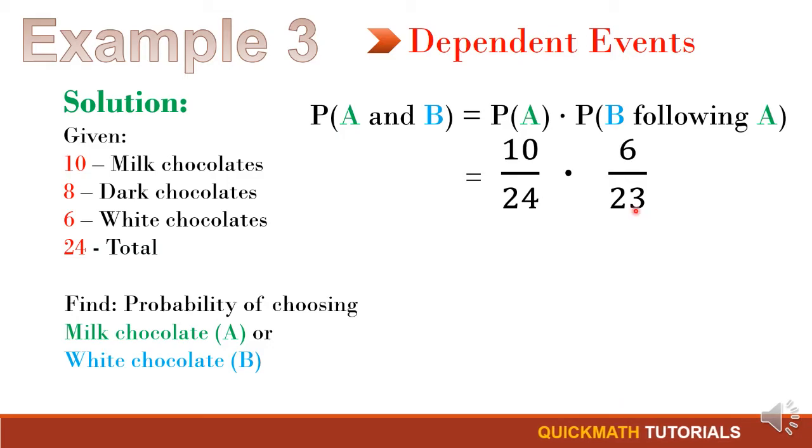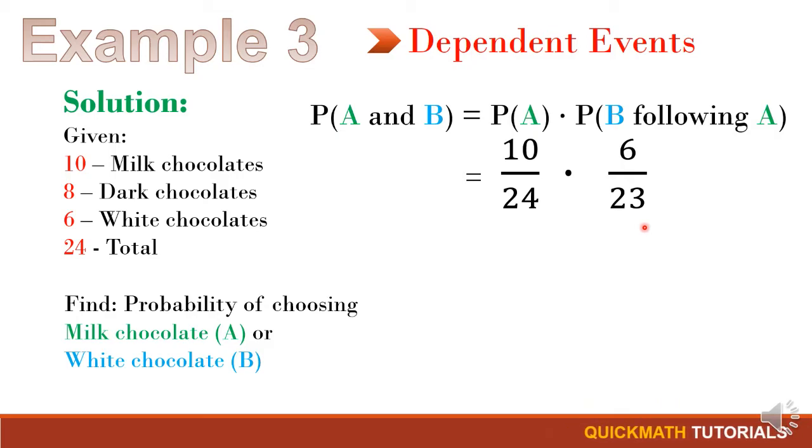Next, the probability of choosing a milk chocolate is 10 over 24. 10 because we are given 10 milk chocolates, and 24 because the total number of chocolates is 24, times the probability of white chocolate following the milk chocolate. So we have 6 over 23. 6 because we are given 6 white chocolates, over 23.